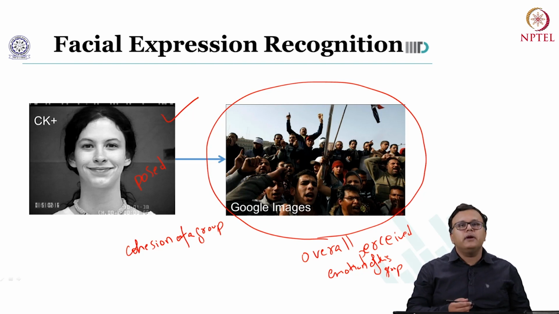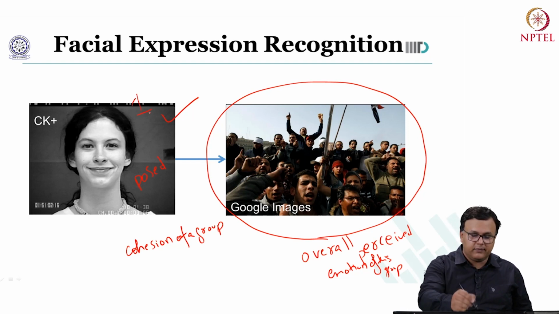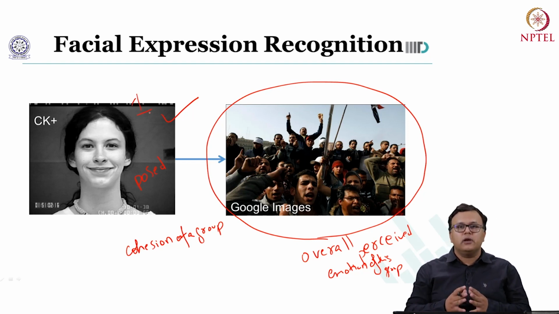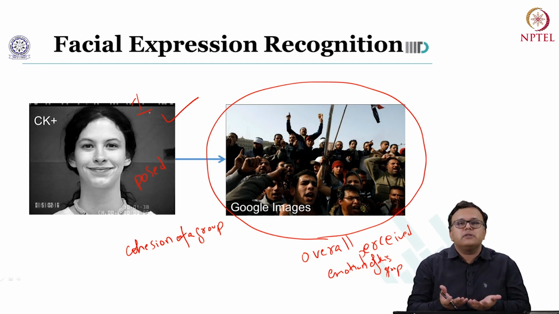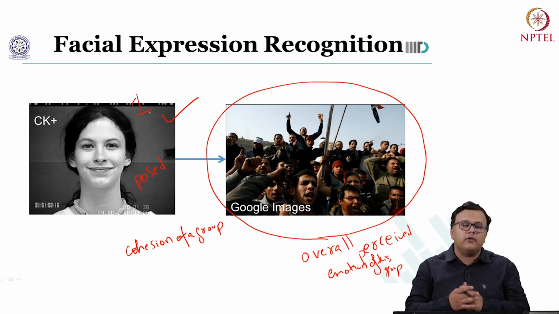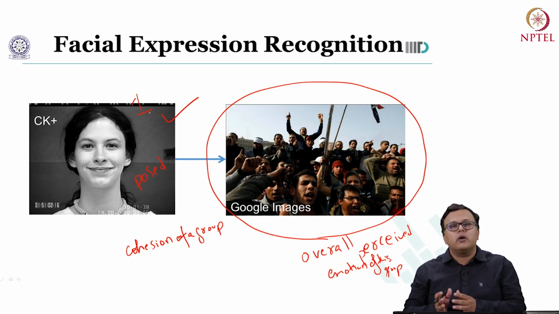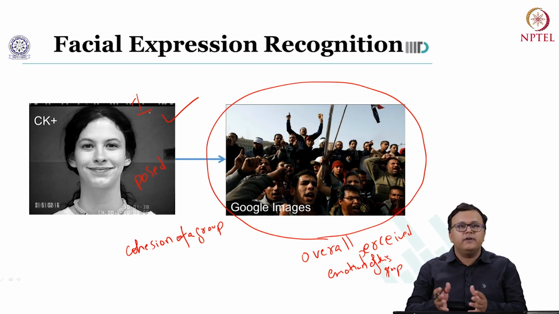Now, as compared to traditional facial expression recognition where we have one subject, in this case, there are a large number of factors which will affect the perception of a person when they look at, let's say, a photograph of a group of people. Now, we would like to map these factors onto a computational model so that we can do overall facial expression recognition for a group.